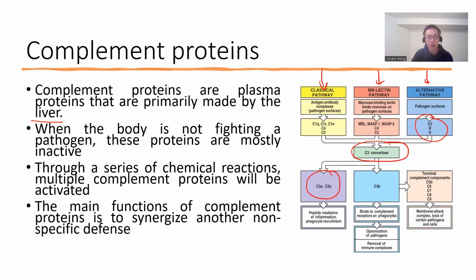Now, depending on which complement proteins are activated, the actions are going to be different, the outcome are going to be different. But generally speaking, they will help synergize another non-specific defense. To synergize is basically to enhance, right? To make it better. So I'm going to give you 3 examples of how complement protein works.